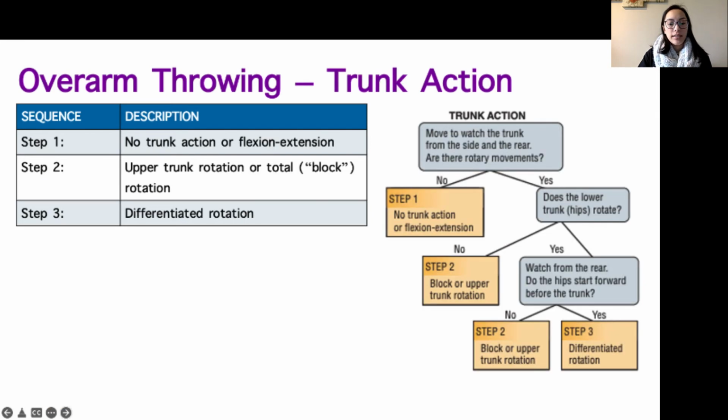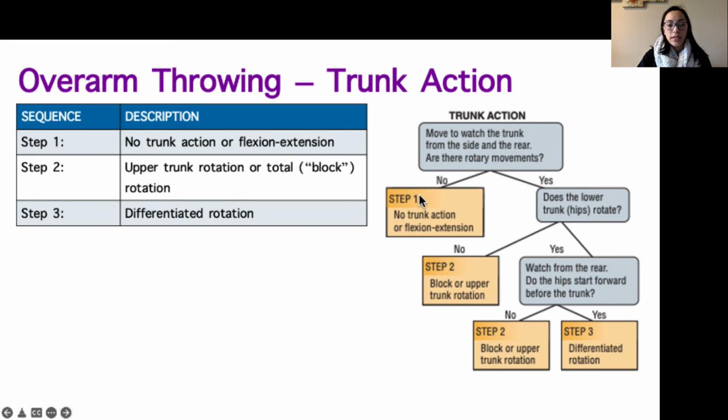Okay. The next body part we can look at is the trunk. Primarily we're interested in rotary movement. So the first question we would ask in our observational plan is, are there any rotary movements?